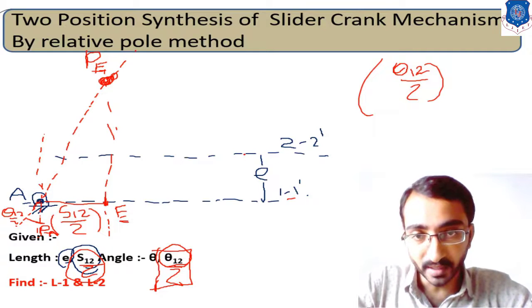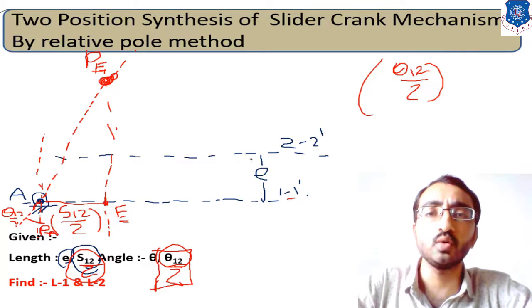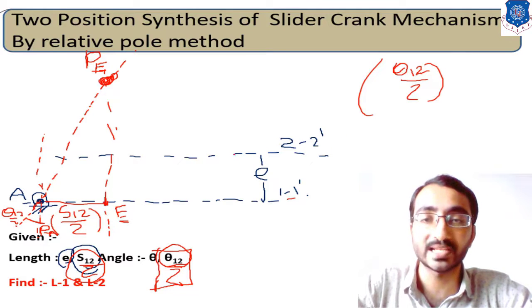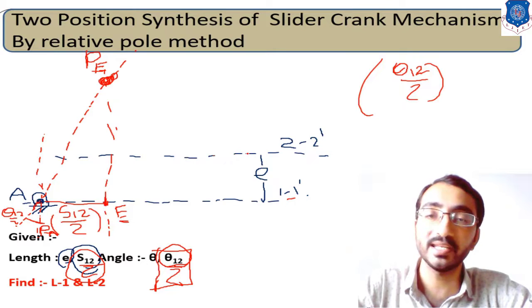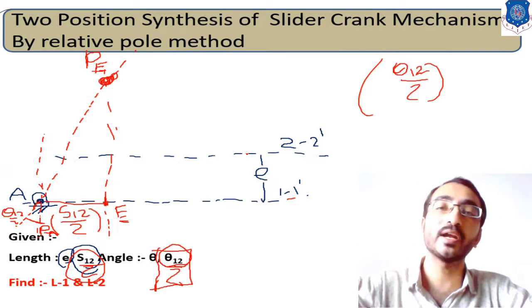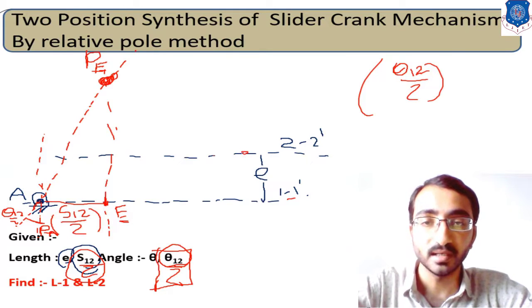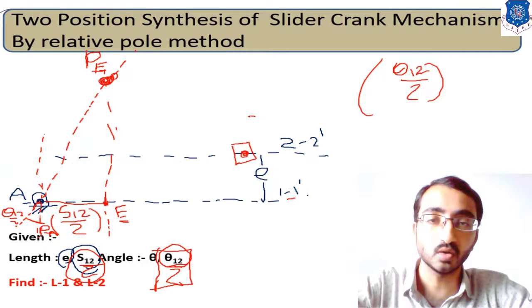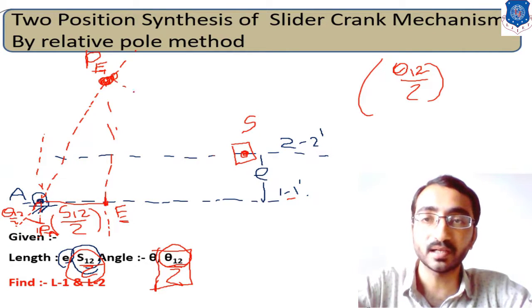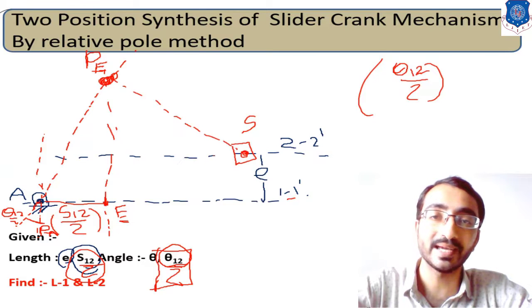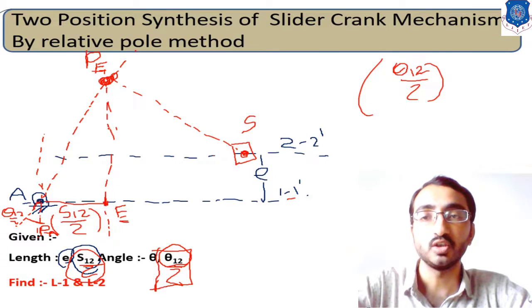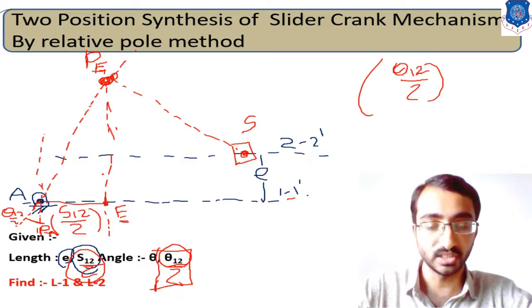You have to assume the position of the slider anywhere on this 2 dash line, either here or at any point on 2 dash. Let's consider that I am assuming this point as your slider point S. Now from the PE point, connect to your slider point S. In this way you will get half of the procedure.